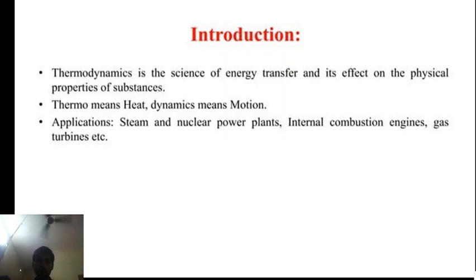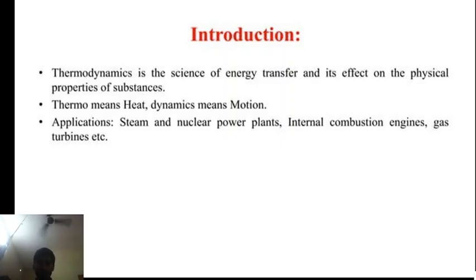The heat transfer will take place if there is a temperature gradient, meaning temperature difference. Due to the temperature gradient, the heat will transfer from hot body to cold body. Okay, so this is the basic definition of thermodynamics.